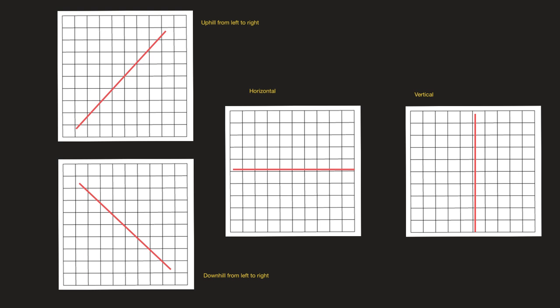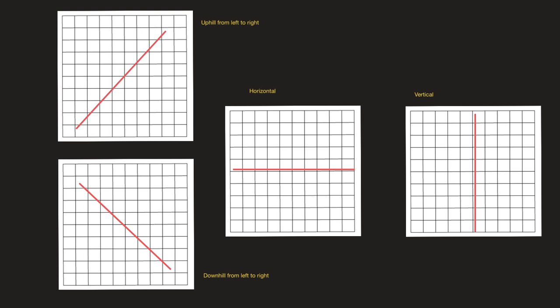Picture top left, that line is uphill from left to right. And when you're trying to determine whether a line is uphill or downhill, we are always looking at that from left to right. So top left, that is uphill from left to right.